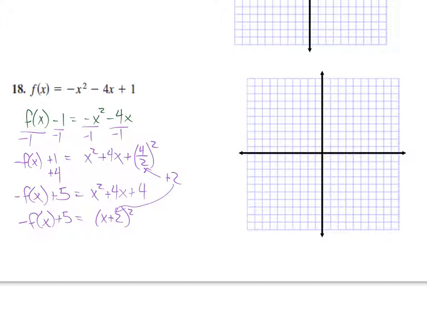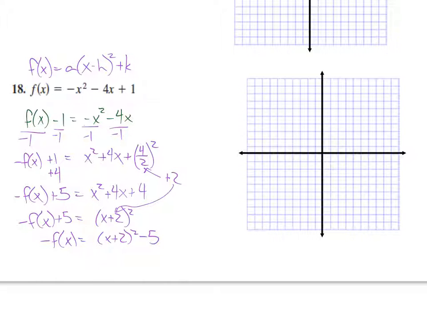Remember, our goal is to get it in vertex form: f of x equals a times x minus h squared plus k. We now have to subtract 5. So negative f of x equals x plus 2 squared minus 5.